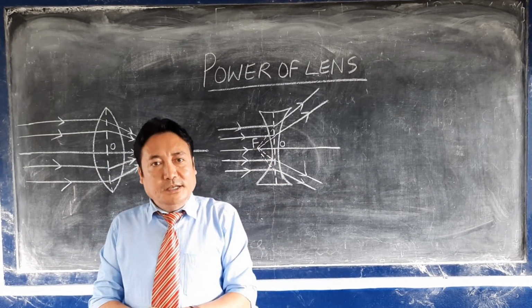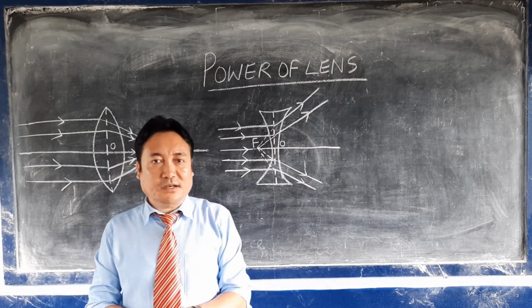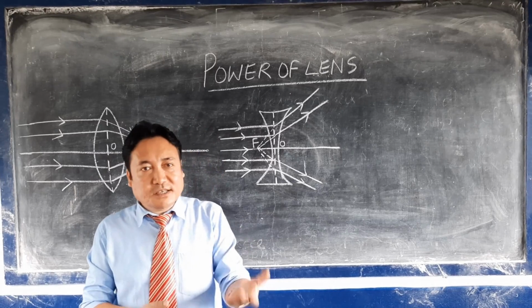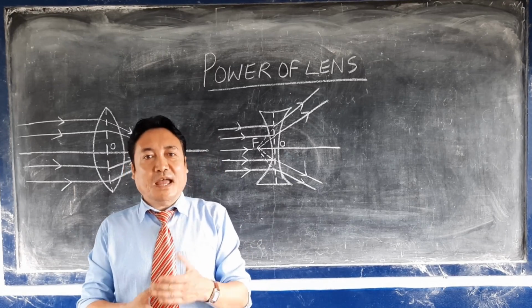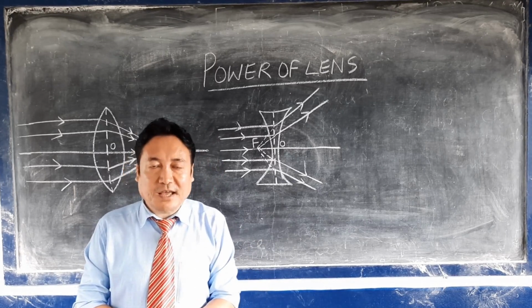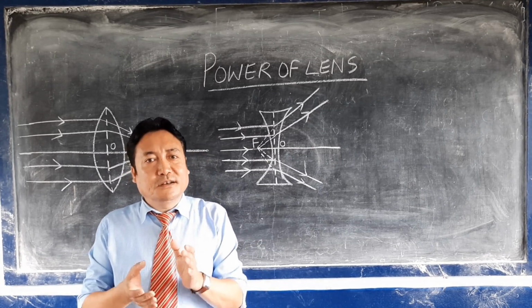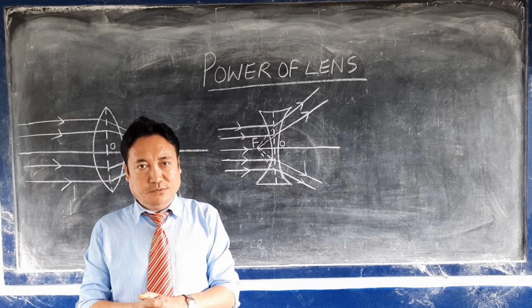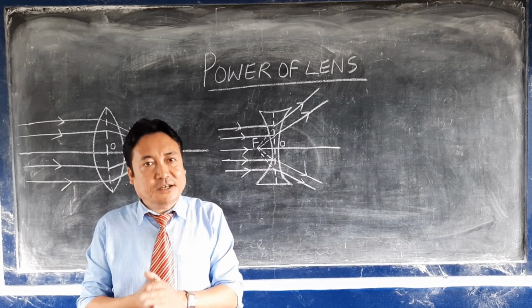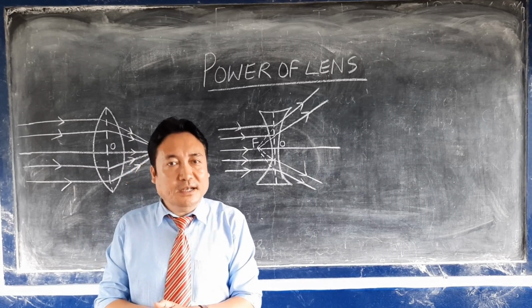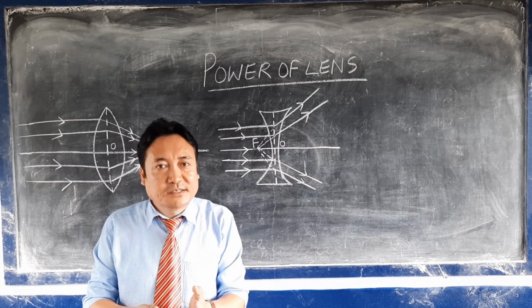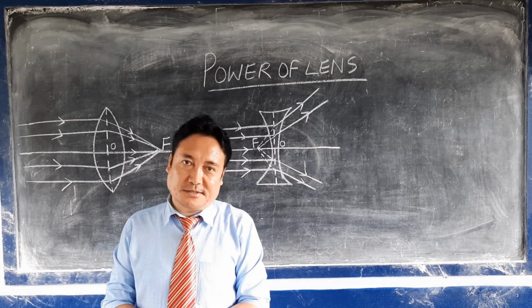Now these are the conditions taking place in the case of a concave and convex lens. In a convex lens the rays of light converge, and in a concave lens the beam of light diverges. This convergence and divergence of the refracted rays gives the power of lens.